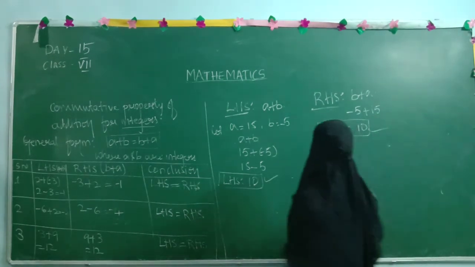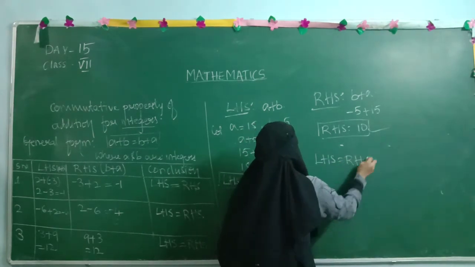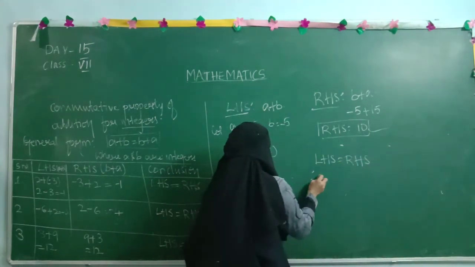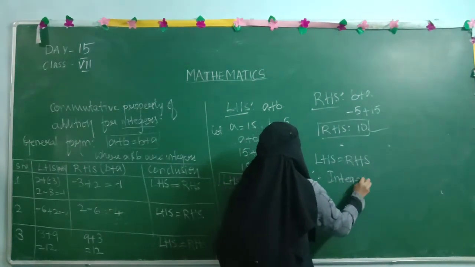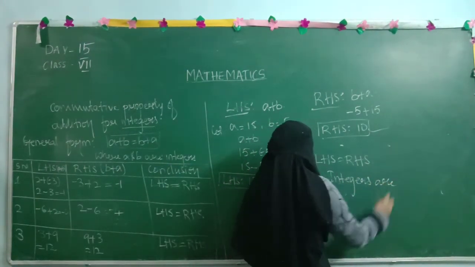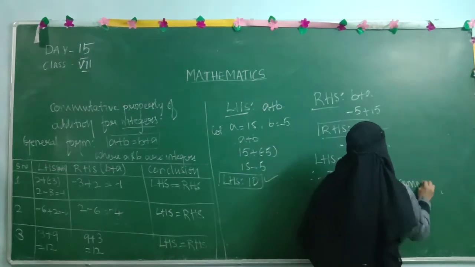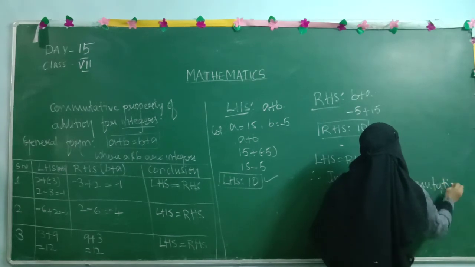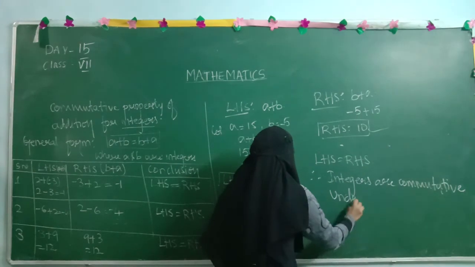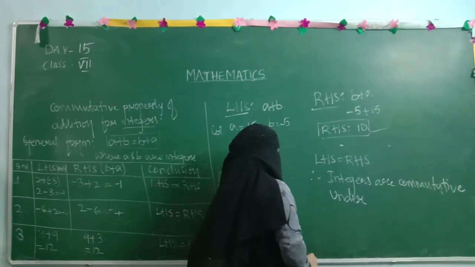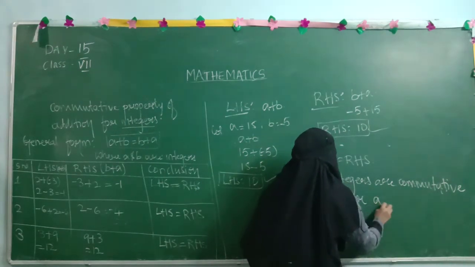So here you are going to write LHS equals RHS. Therefore what you have to say? Integers are commutative under which operation? Yes, integers are commutative under addition.